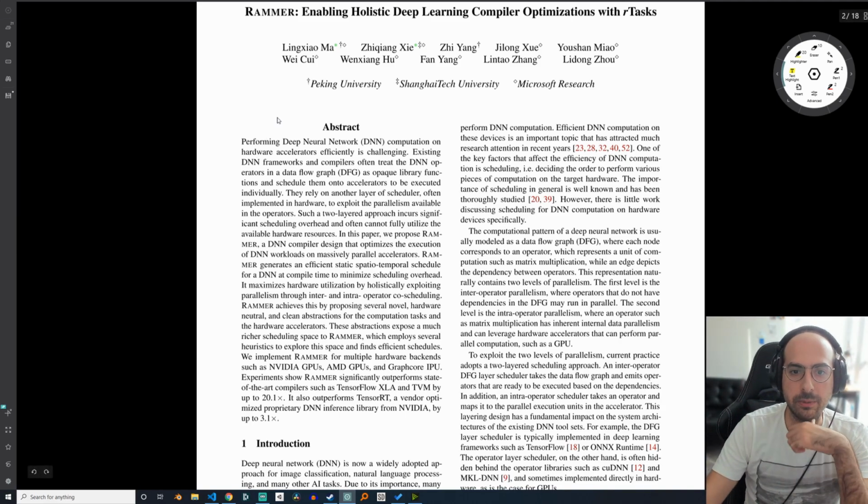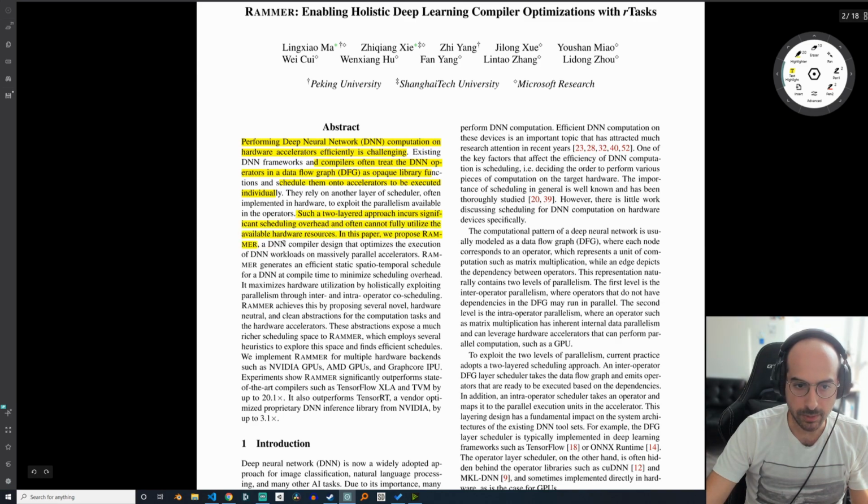Performing deep neural network computations on hardware accelerators efficiently is challenging. Existing DNN frameworks and compilers often treat the DNN operators in the data flow graph as opaque library functions and schedule them onto accelerators to be executed individually. We propose Rammer, a DNN compiler that optimizes execution on massively parallel accelerators.